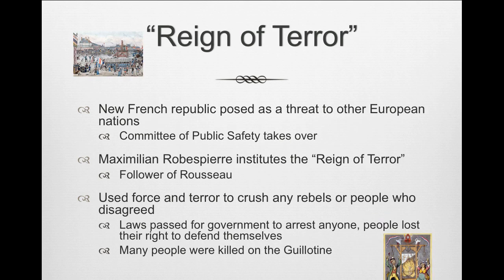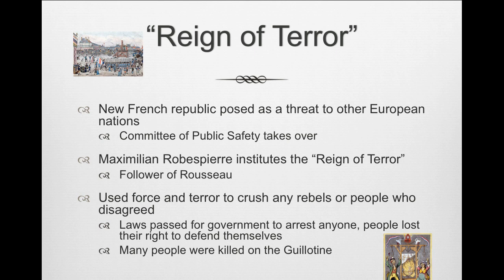The new French Republic is now going to be seen as a threat to a lot of the other European nations because they're afraid of their kingdoms being overtaken by revolution. So France is now at war with other European powers who fear that their countries are going to take on this new revolutionary idea.